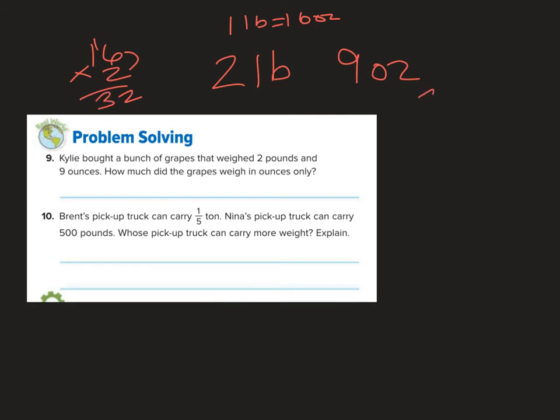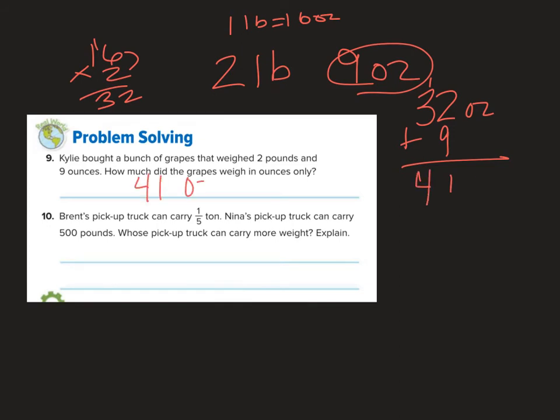So I need to take 32 ounces plus my 9. 9 and 2 makes 11, 3 and 1 makes 4. 41 ounces.